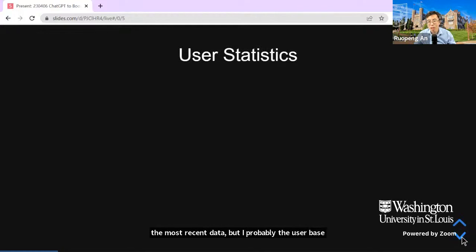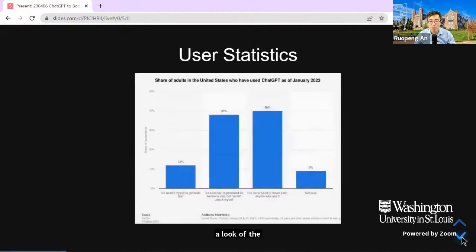So let's take a look at the statistics to see the prevalence of ChatGPT use. Again, this is old data collected by the end of January. As we can see from this survey, about 12% of US adults said they've used ChatGPT themselves to generate text.